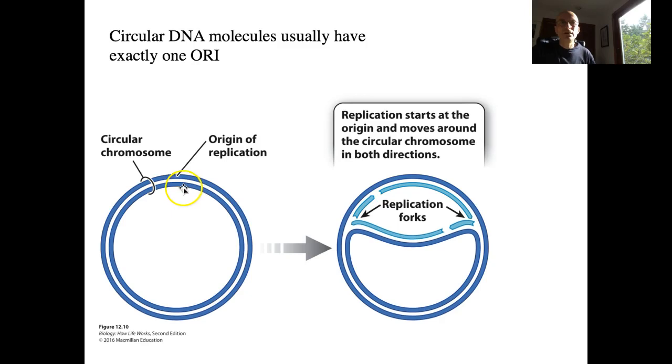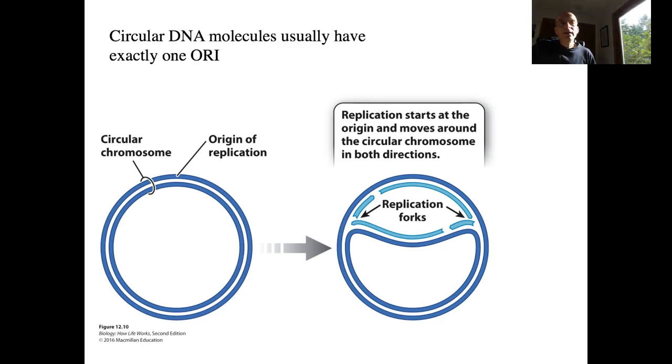If it's a circle, all you need to do is start somewhere and then go around on both ends, and then at the end you pop together, and that's the end of it. So you only need one origin of replication, and then you get the two replication forks and produce the new double strand. So circular DNA molecules usually only have exactly one origin of replication.